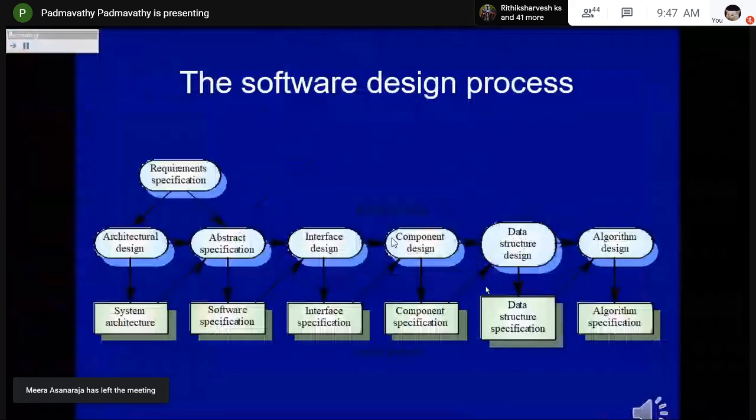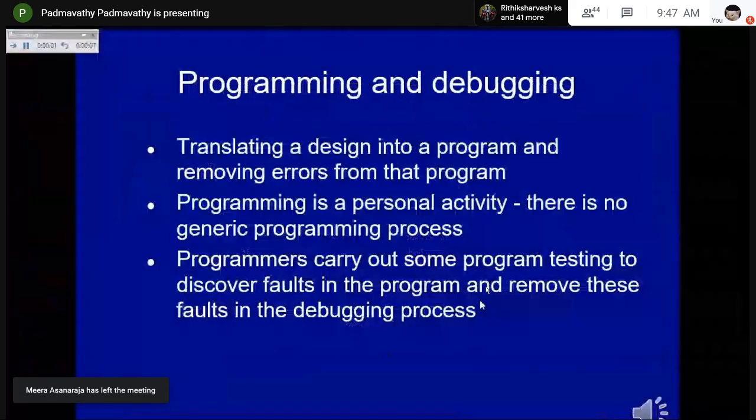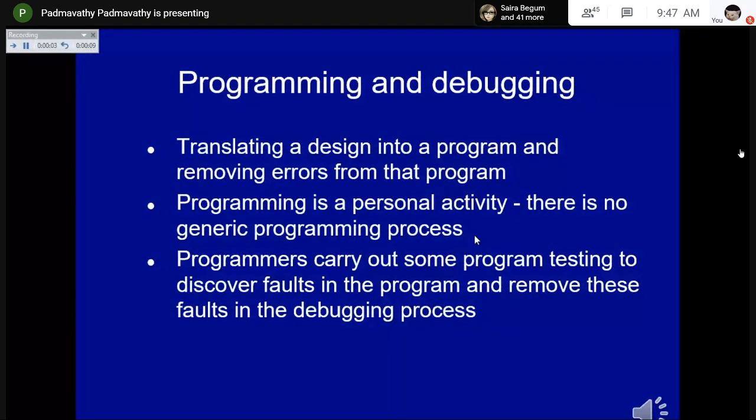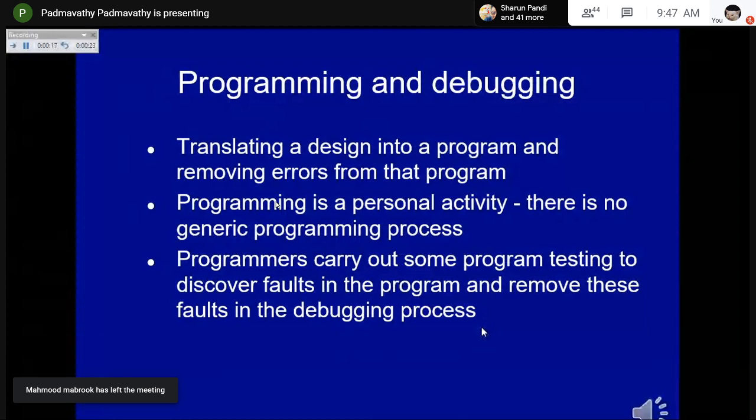Yes, programming and debugging. Programming is the activity done by the programmer, and the programmers carry out some program testing to discover the faults in the program, and they remove the faults during the debugging process. In your regular lab session, you will save your program, compile it, and run it. When you compile, you will find some errors.